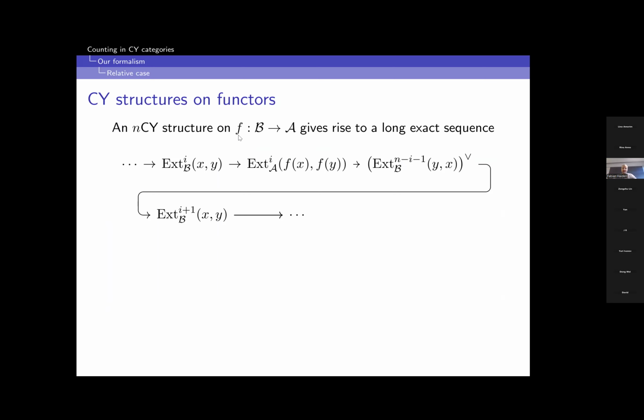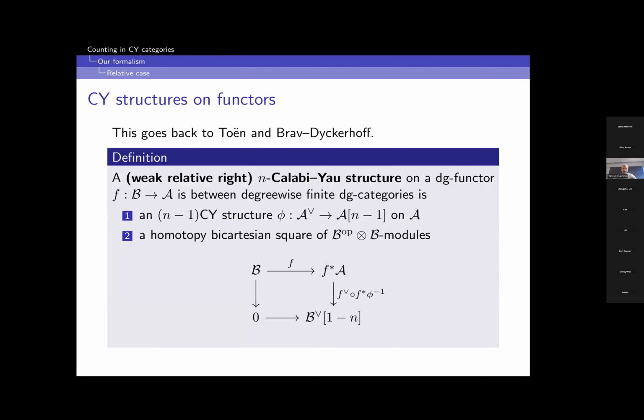Basically, you axiomatize that property for a functor. You want some long exact sequence like that, reminiscent of the long exact sequence for a manifold with boundary. And then there's a homotopically better way of saying what this long exact sequence is.